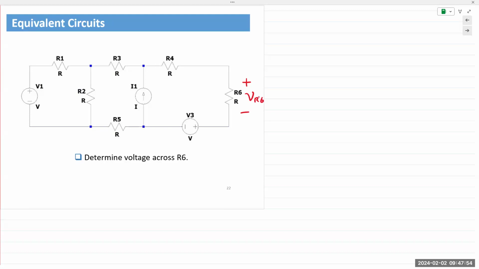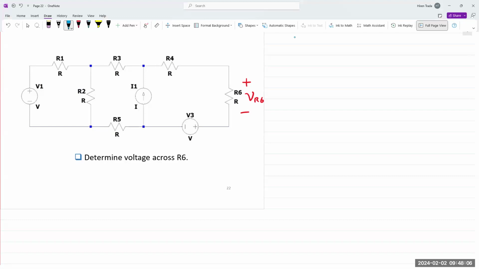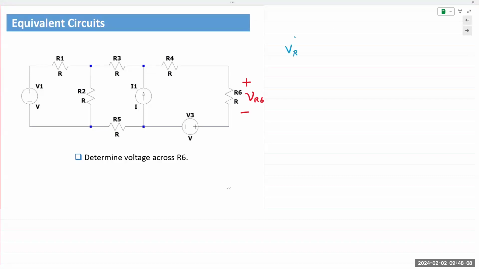But your job as a designer is to find the most optimum value. So you would analyze the circuit once, whatever technique you use doesn't really matter, and you would find VR6. Let's say the value for R6 was 10 ohms.